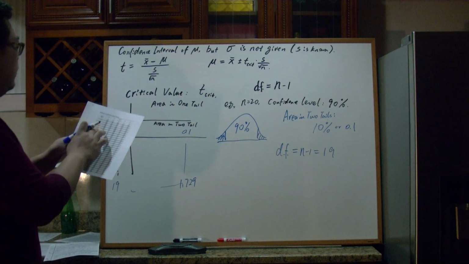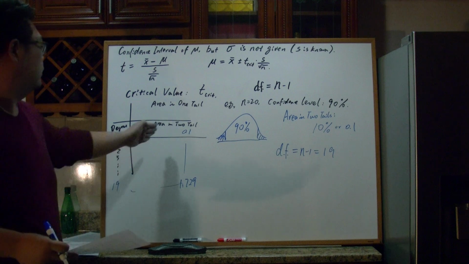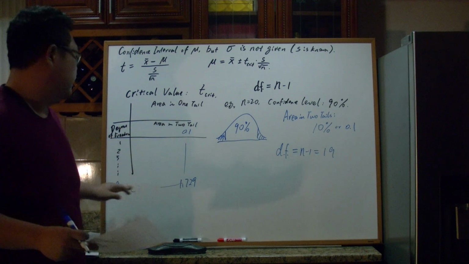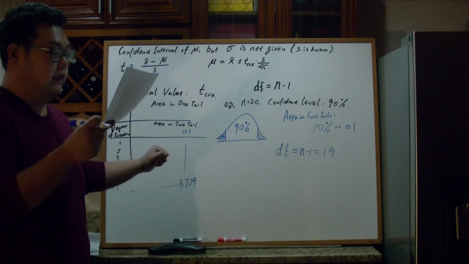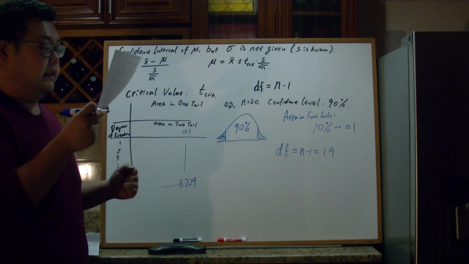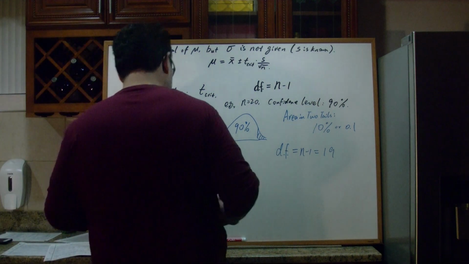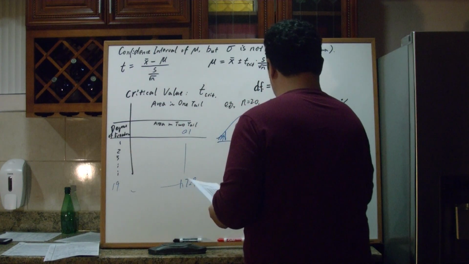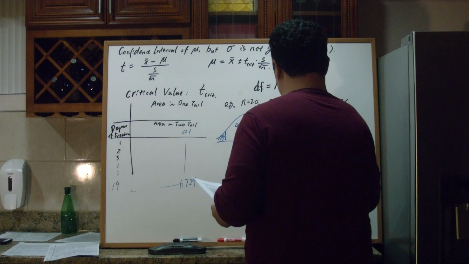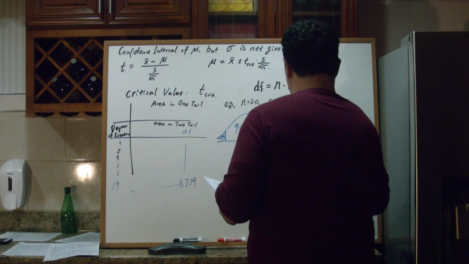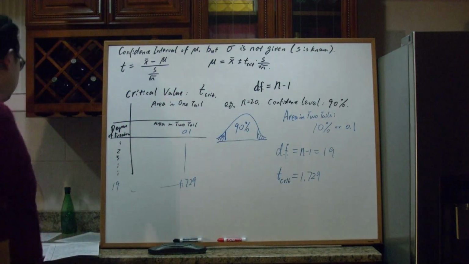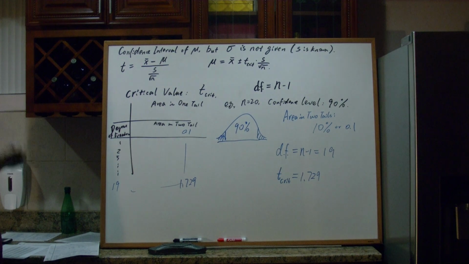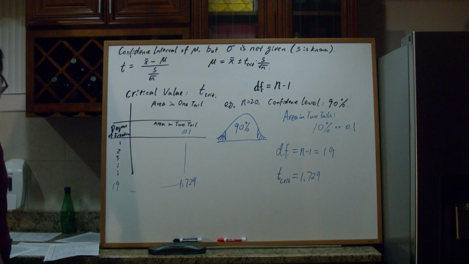We go to the row of 19, the column of 0.1, go down and go right, and get the intersection, the t-score of 1.729. Therefore, the critical t is 1.729. After we get the t-score, everything else could be done.